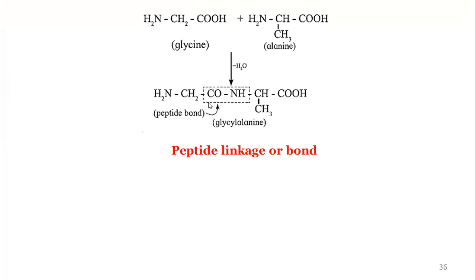This CONH linkage is called the peptide bond. A water molecule is removed: this OH, clearly this is a CO, and one hydrogen from this NH2 are removed, and this CONH linkage is called the peptide bond.